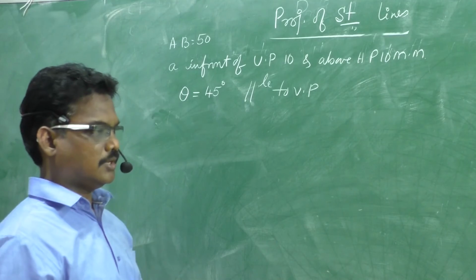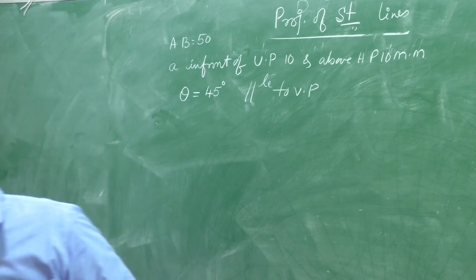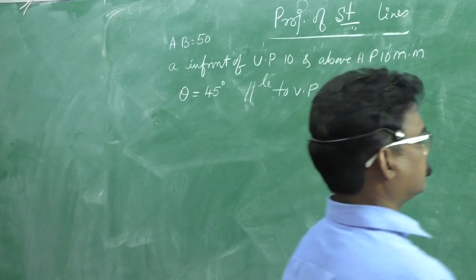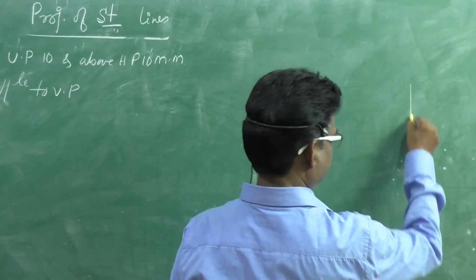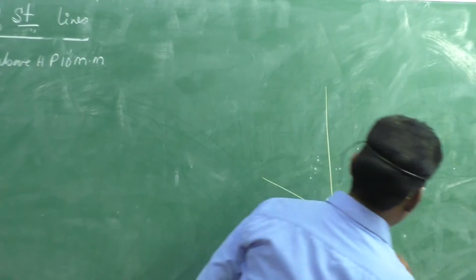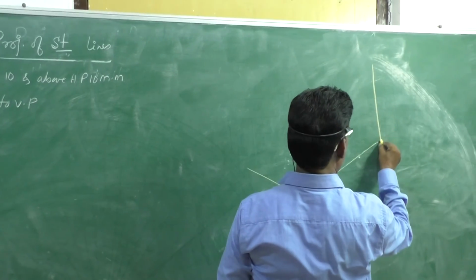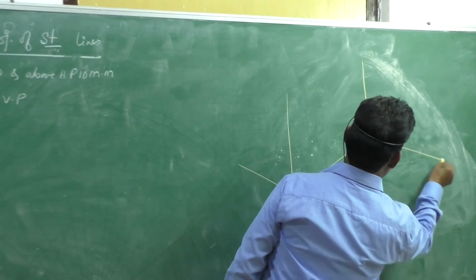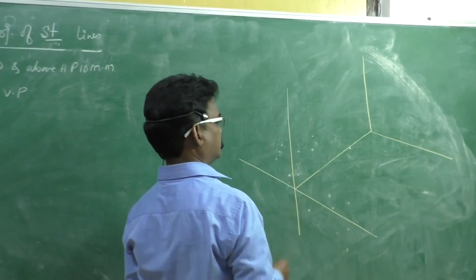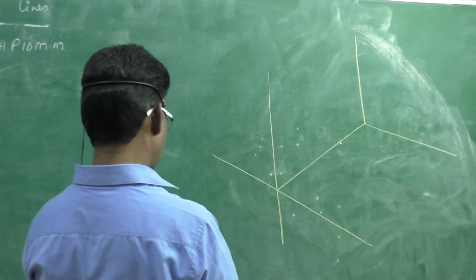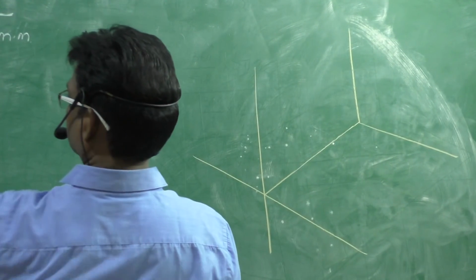Right. Now imagine the respective line position. This is the principal planes HP and VP. Now the lower end position we need to mark first.